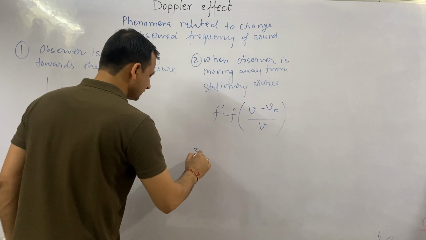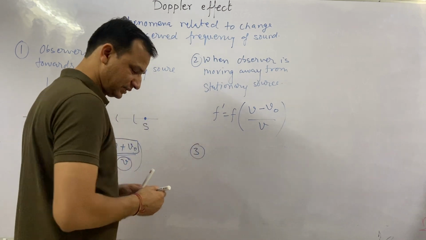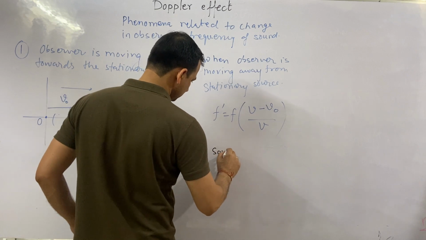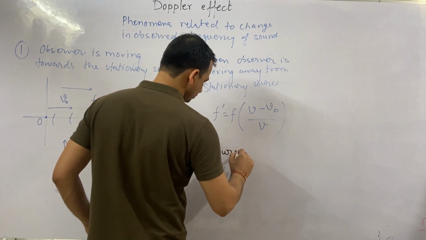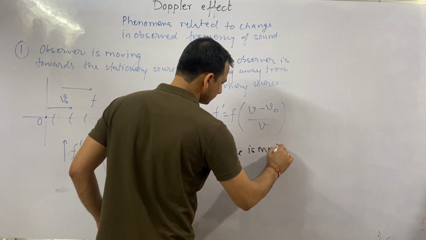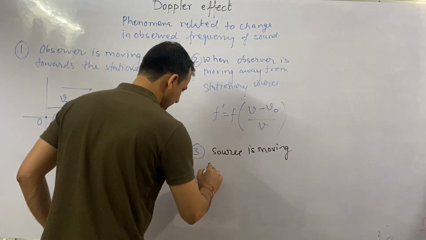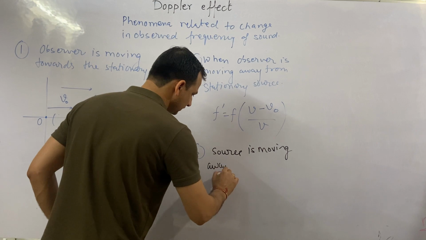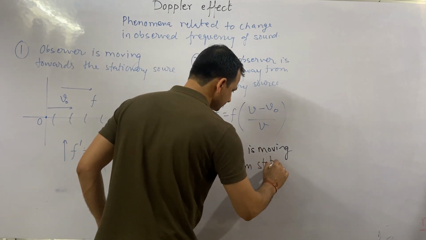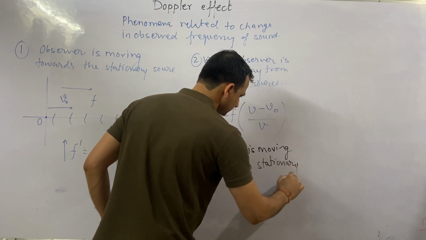Now in the third case, the source is moving away from the stationary observer.